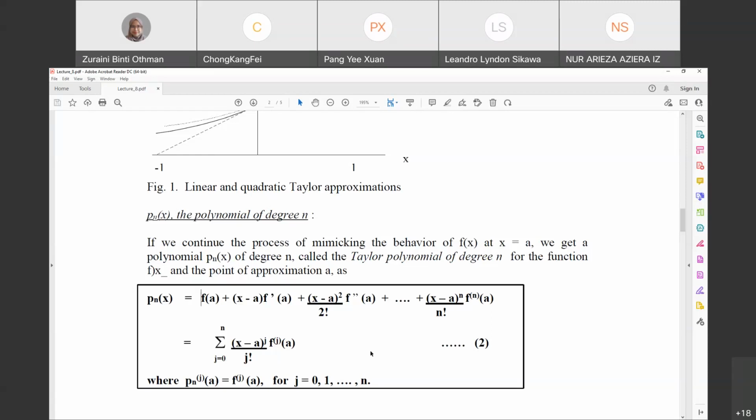Oh, tak belajar maths. Awak belajar apa? Awak ambil STPM. Siapa yang bercakap tu? Ariza. STPM saya ambil ekonomi. Oh, okay. Ada yang ambil paper maths, ada tak belajar numerical?